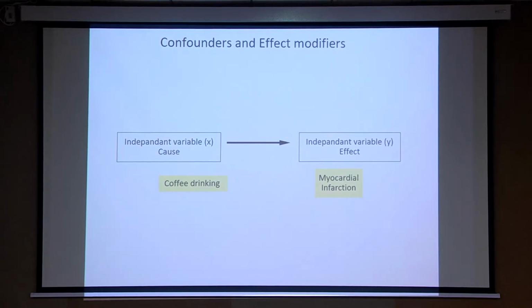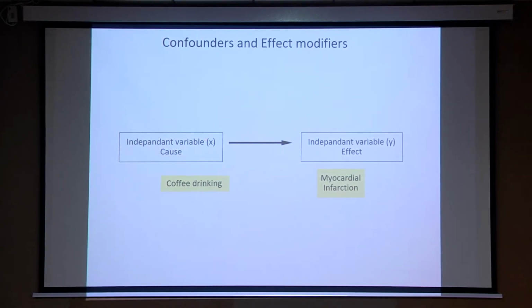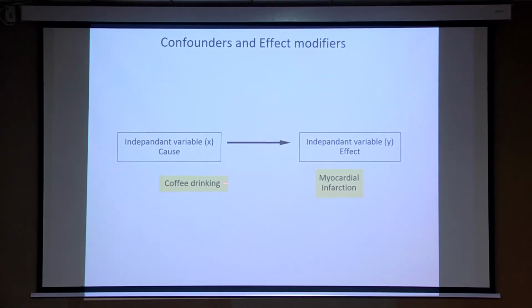Now what is a confounding effect or confounder? There is an independent variable and there is another independent variable which may act as an effect. So coffee drinking and myocardial infarction. So I say that coffee drinking increases the myocardial infarction.